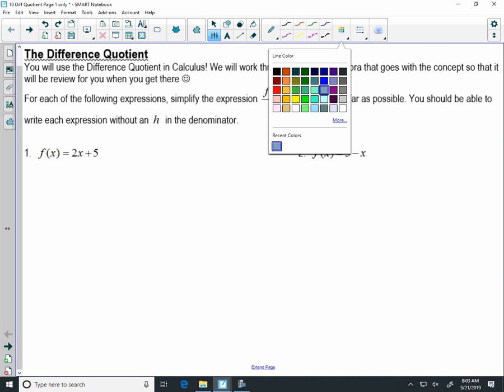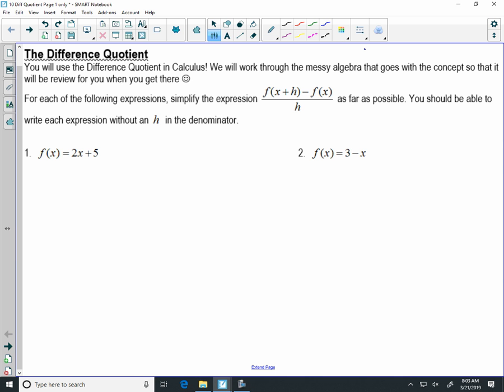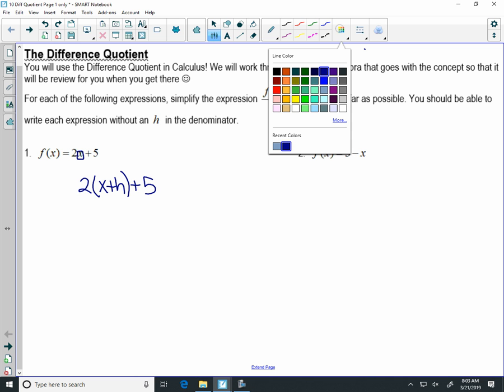Here's how this works. F of x plus h, so that we're going to put in for x. So that piece right there, f of x plus h, turns into this, 2 times x plus h plus 5. And then we subtract f of x.